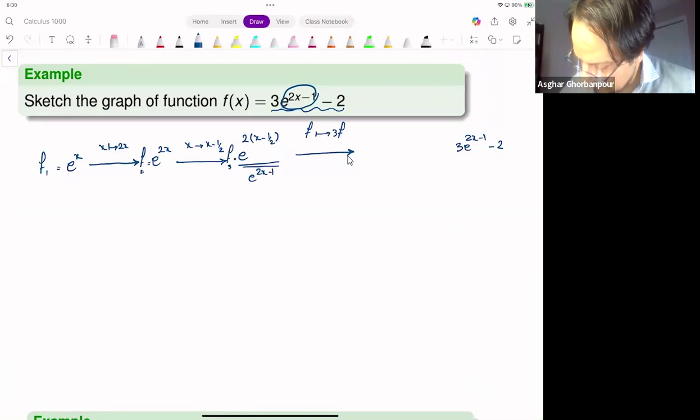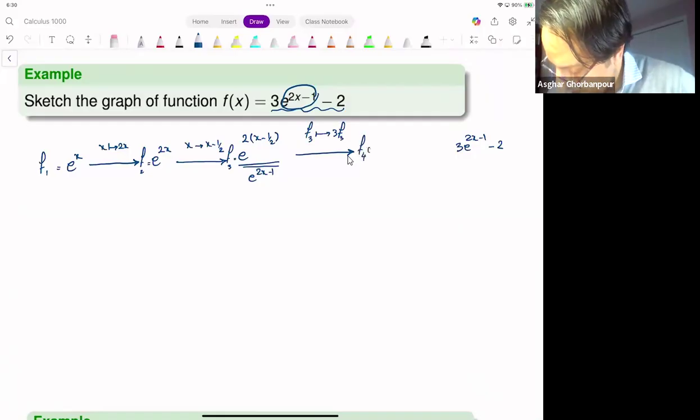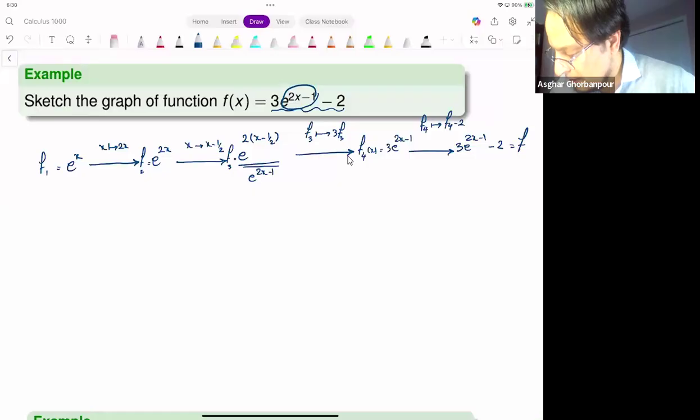So now I'm sending f3 to 3f3, and that will create f4 of x for me, which is 3e to the power 2x minus 1. And then the last step is that you send f4 to f4 minus 2. That is our function f of x.